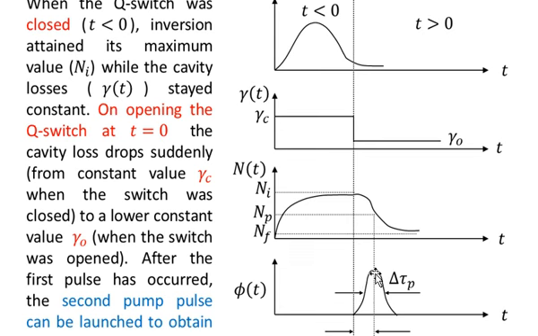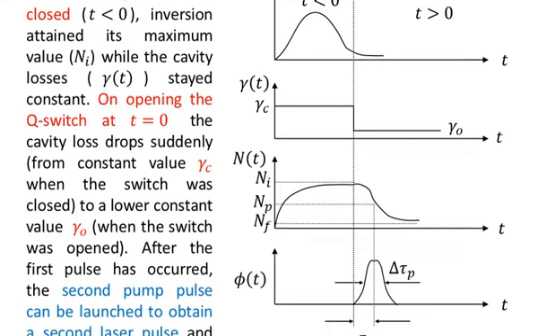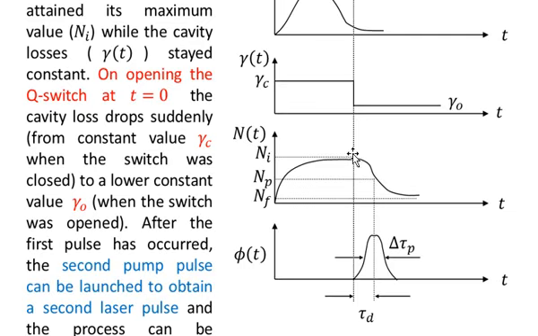And at some time, which we call the time tau d, the inversion decreases and the photon pulse reaches its peak value. So corresponding to the peak value of the pulse, the inversion is regarded as Np. So Np is the inversion corresponding to the peak value of the pulse. This P stands for the peak value.